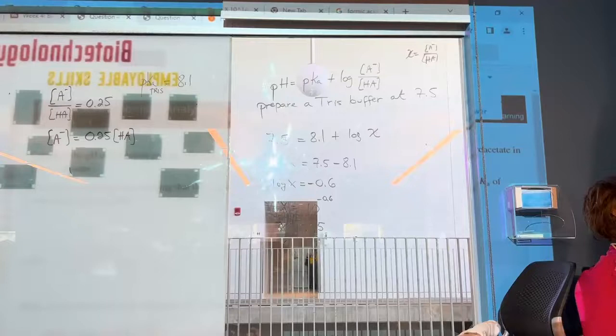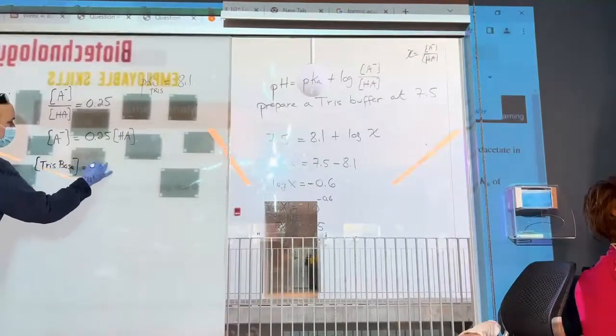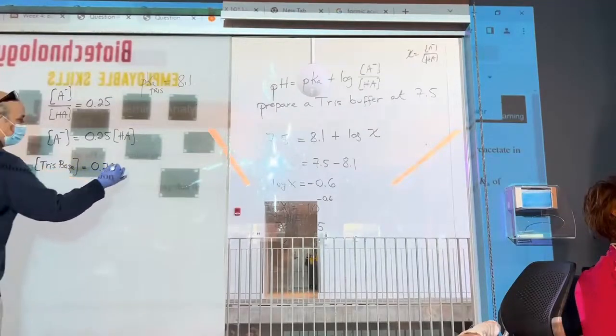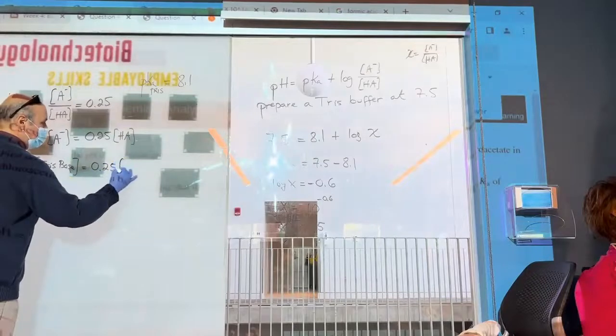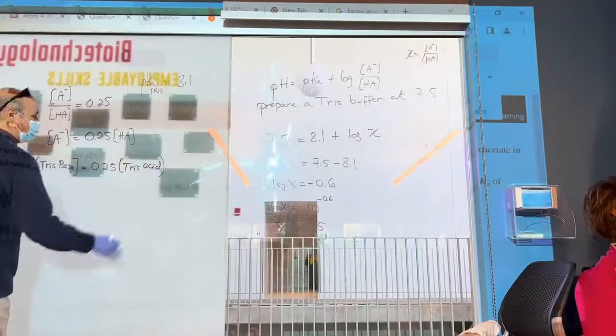Okay? We're almost there. This happens to be tris base, that stuff in the bottom. So the concentration of tris base is gonna be equal to 1/4, 0.25, of the concentration of tris acid.